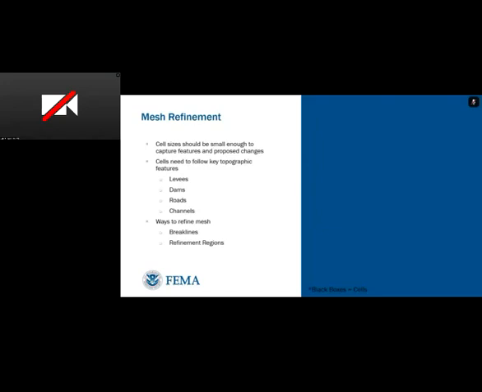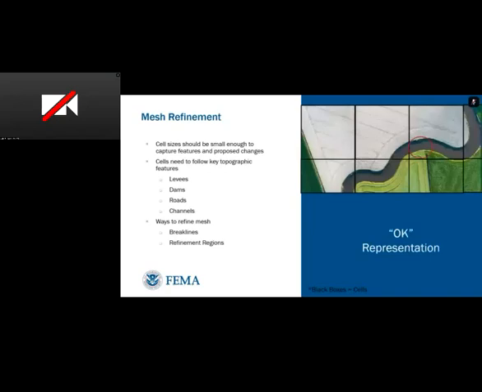And then with mesh refinement, there are two main ways to refine your mesh, and those are break lines and refinement regions. Now we're not going to go into the detail of those, but I will explain why we need them. So if we're looking within this red circle and we are trying to evaluate the results within this portion of the stream, what happens is that within this cell, all of the elevations are averaged.